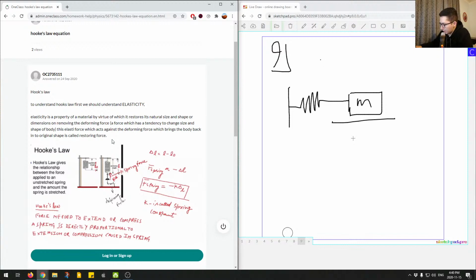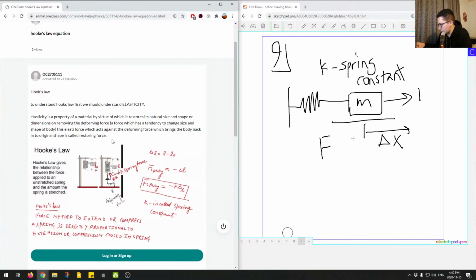And this spring has a spring constant, K. And there's some force acting on the spring, F, and there's a change in distance of the object, because the force will pull on the object over here. And this is kind of the setup. And there's going to be some change in distance.